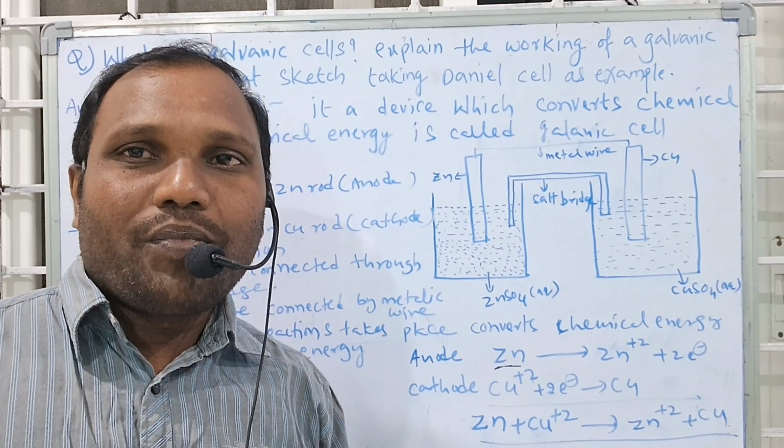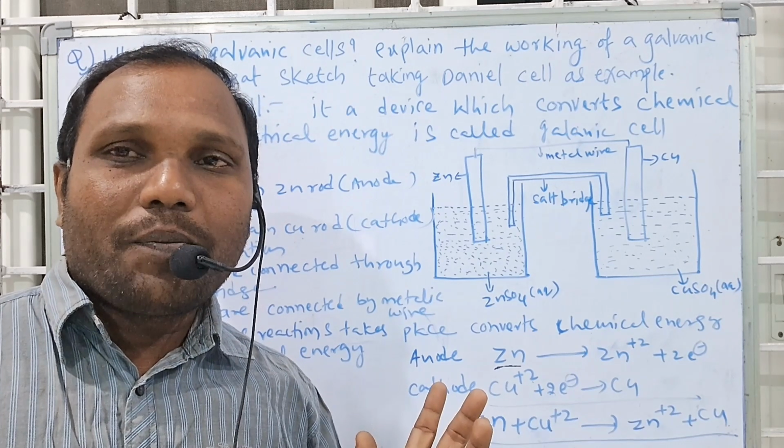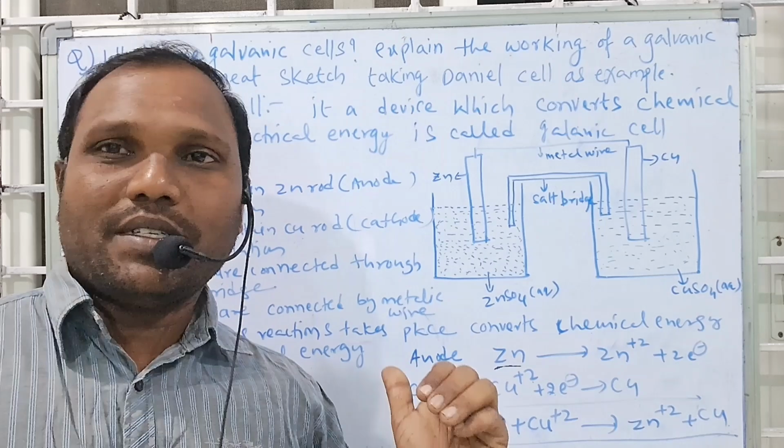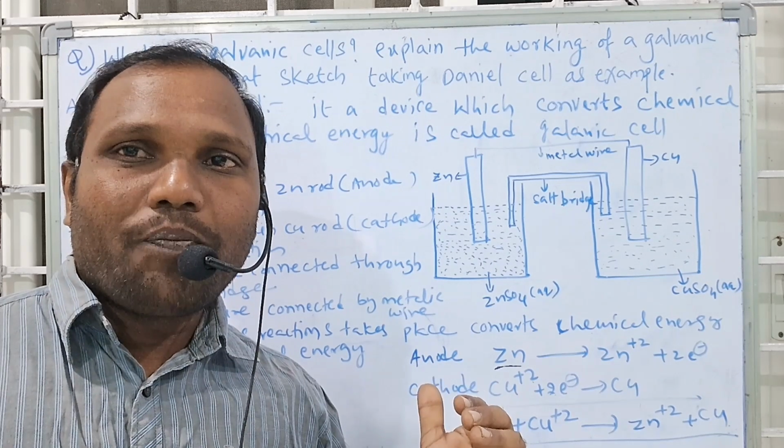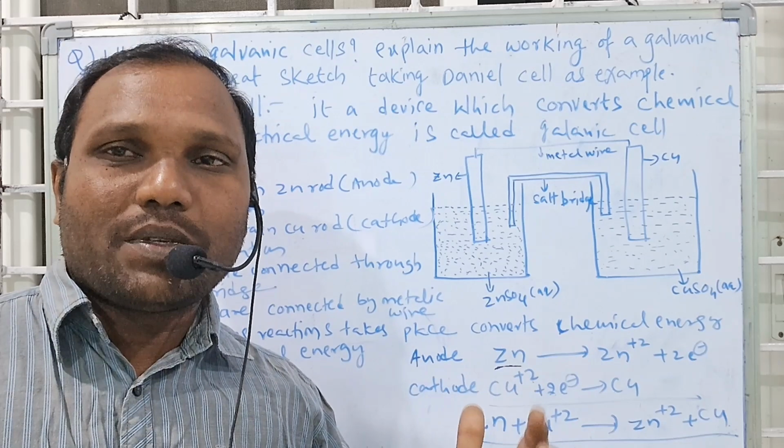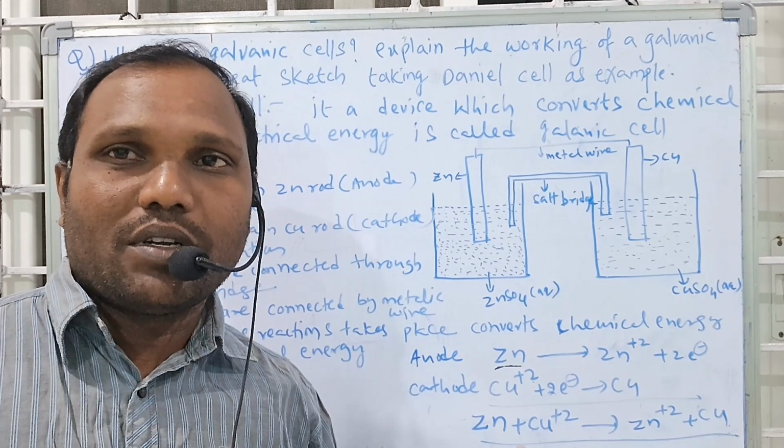Okay, understood? Left hand side zinc rod, anode, in aqueous zinc sulfate. Right hand side copper rod, cathode, in aqueous copper sulfate solution.